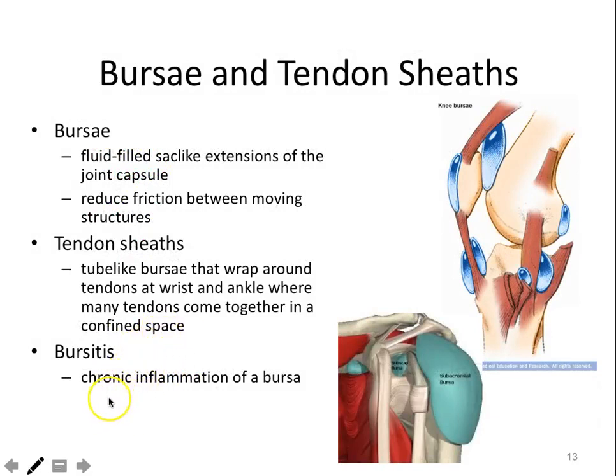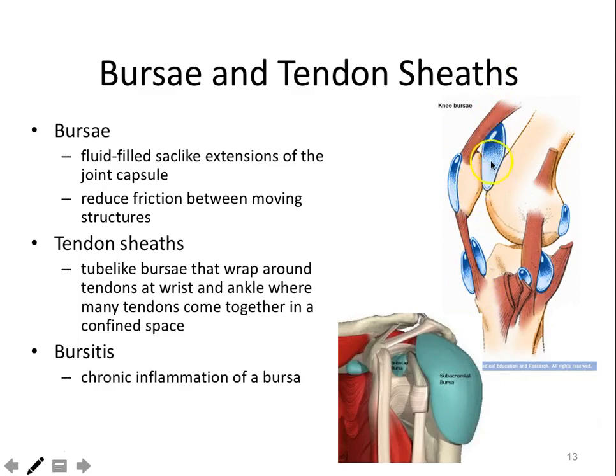Now, we won't see these in lab, but you should understand that they exist. Around your joints, you also have what are known as bursa and tendon sheaths. This is a nice image here. As you have your patella here, the femur, and the tibia, you can see the muscles coming from the quadriceps attaching down to the tibial tuberosity.